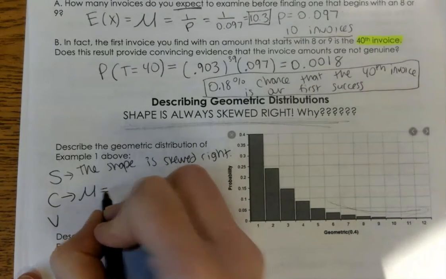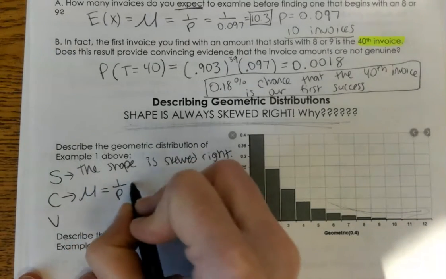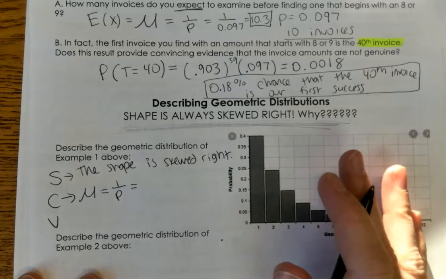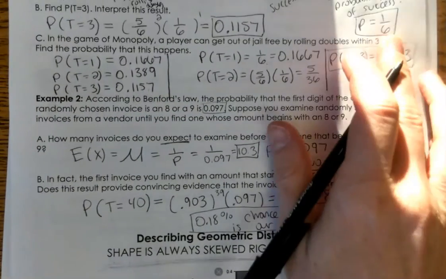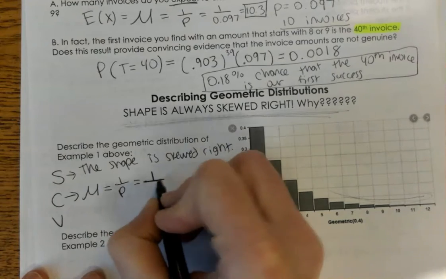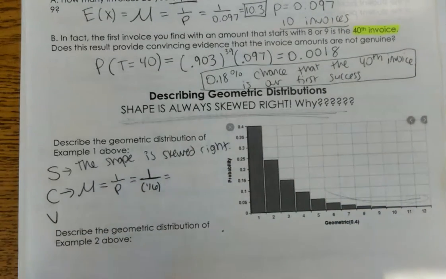All right, the center is going to be the mean. So the mean, we did not calculate, but we know the formula for geometric distributions is 1 over p. So looking back, I know that my probability of success for number 1 was 1 over 6. So I'm going to do 1 over 6 in Desmos.